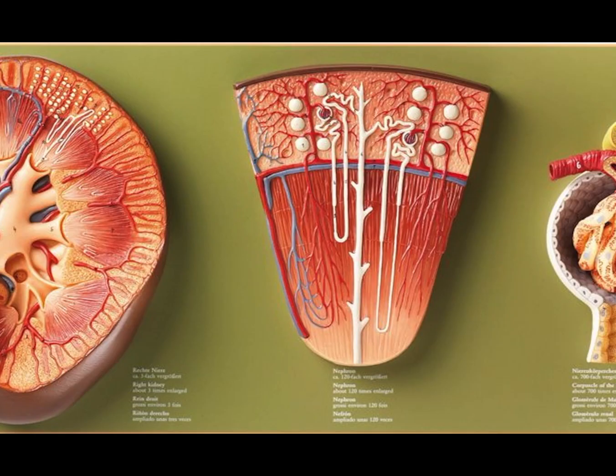And here is our model showing the kidney. This is showing the nephron, and then the glomerulus in the glomerular capsule. So if you look really close on this middle model here, you can see, let me try to zoom in.